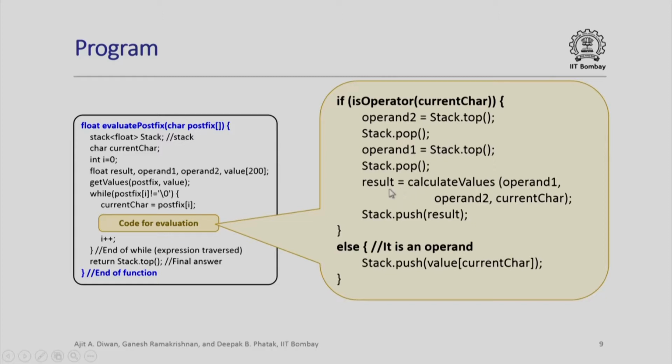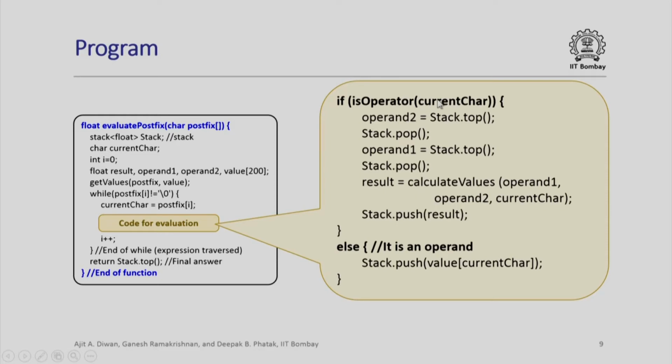The result is simply calculated by using the calculate values function which we had written earlier, which takes operand 1, operand 2 and the current char, which is the operation. Finally, it will result into the calculated value, and that needs to be pushed onto top of the stack. This completes the entire operation associated with one operator.